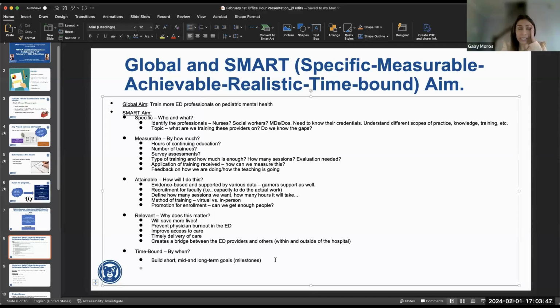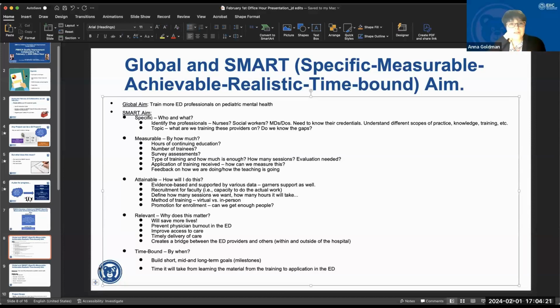Maybe another consideration is the time it will take from learning to application. What's reasonable? And Gabby, you mean here your learning gap or the provider's learning gap? I'm thinking about the providers.